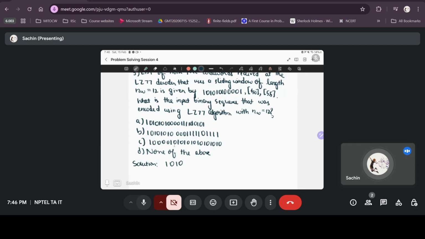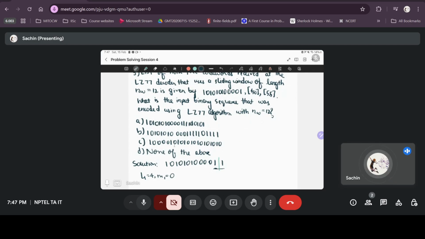So 101010100001. L1 is 4, M1 is 0. So the string starts matching from the 0th position and it matches for 4 bits. If it starts matching at the 0th position, it matches the first bit, so it should be 1.